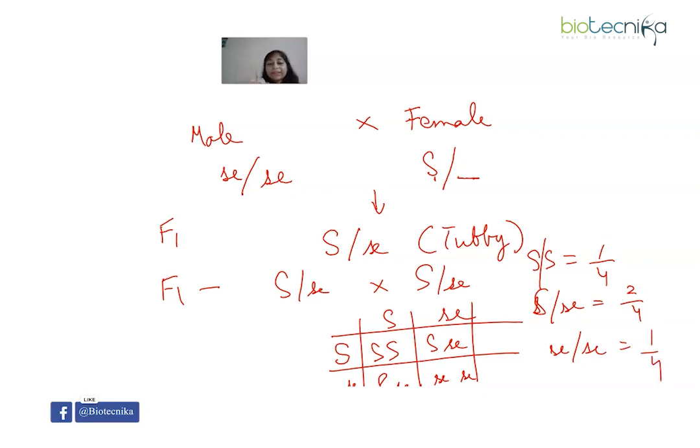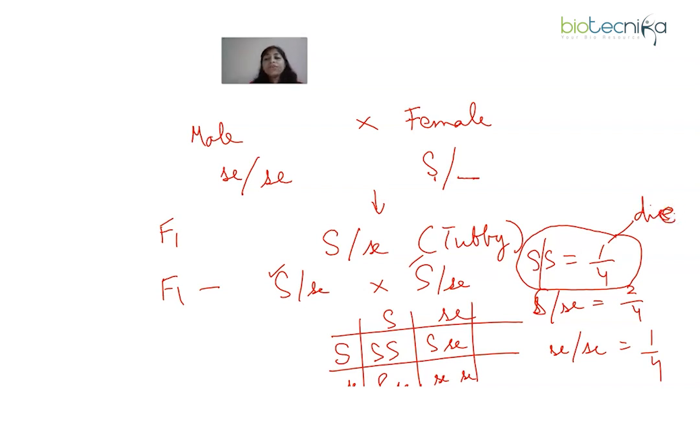Now it is clearly mentioned in the question that whoever is homozygous for the balancer phenotype will not survive. This individual has tubby because both copies present on the balancer chromosome have come together. So this individual will die.